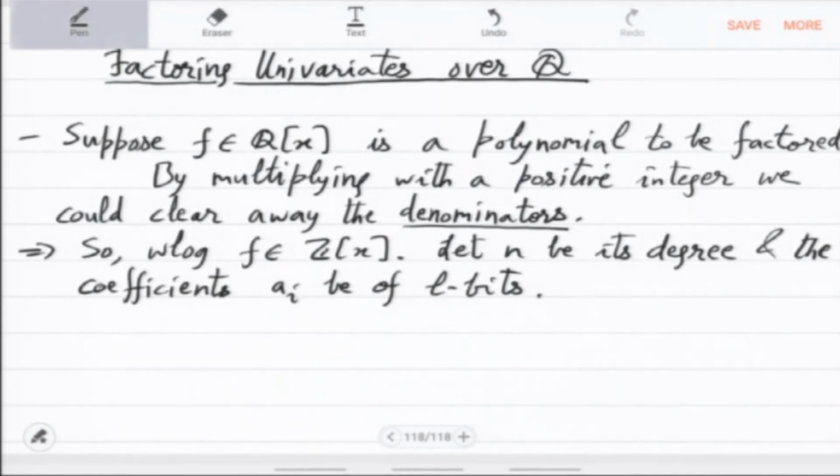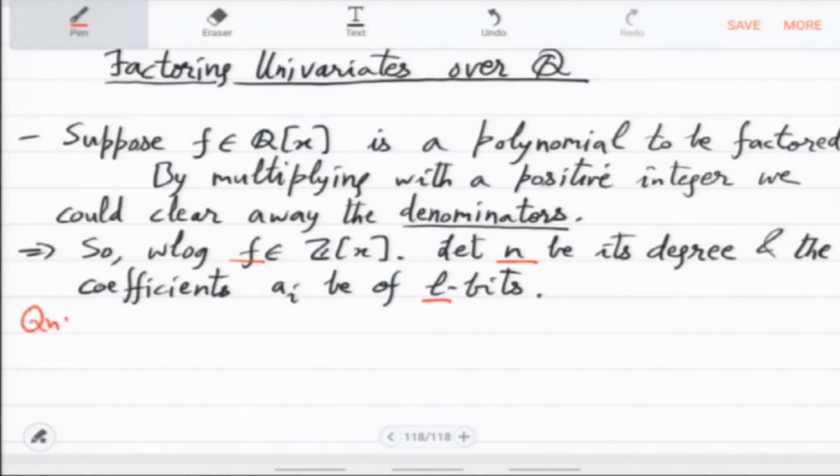We will work with these two parameters, n and L. So, to present f, you need around n times L bits. That is your input size.